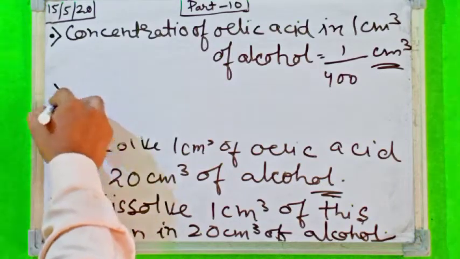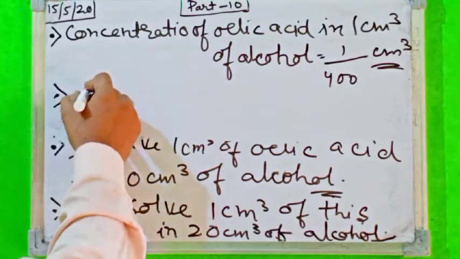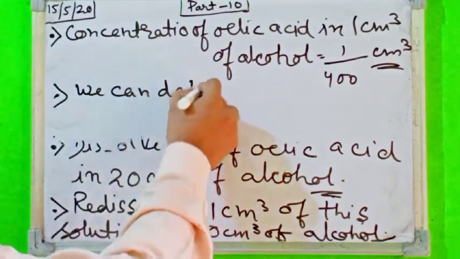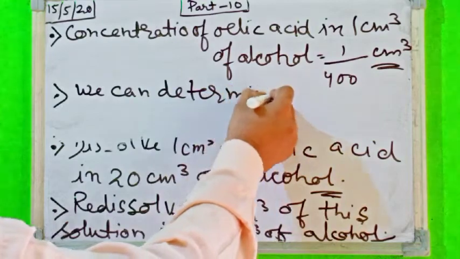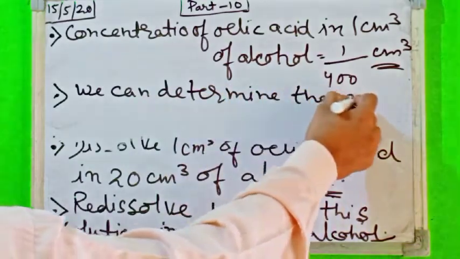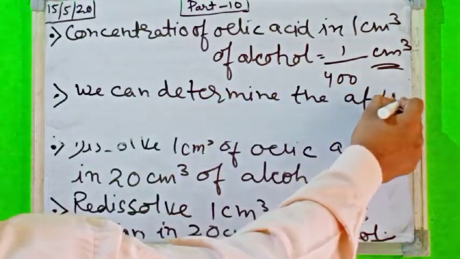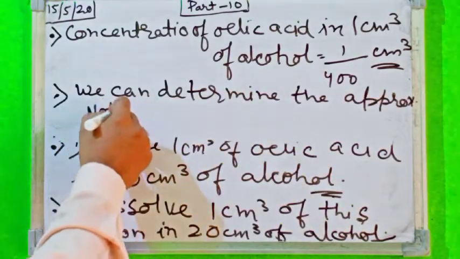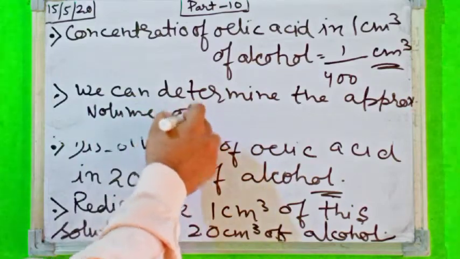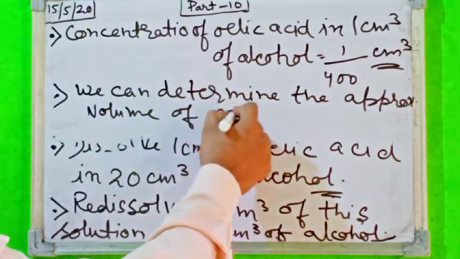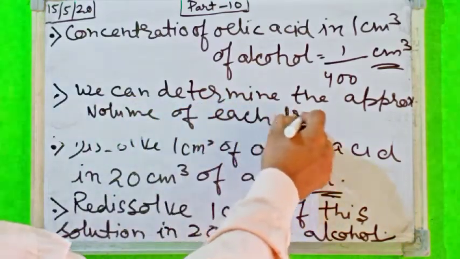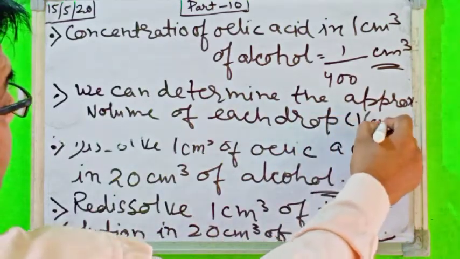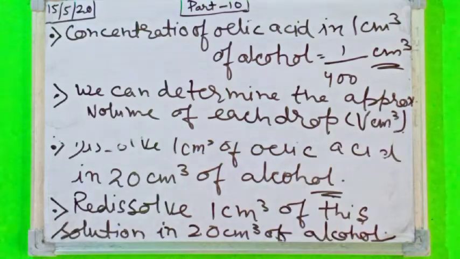Now we can determine the approximate volume of each drop, V centimeter cube. Clear?